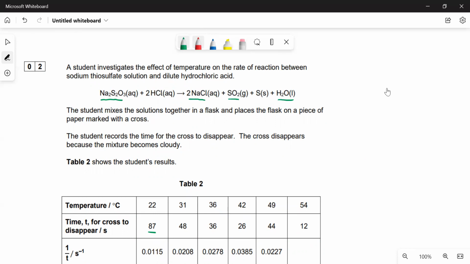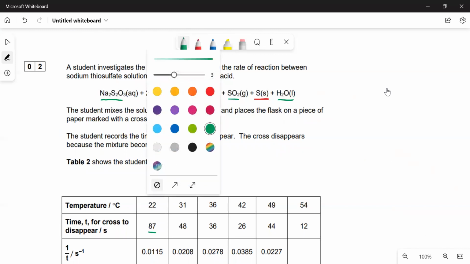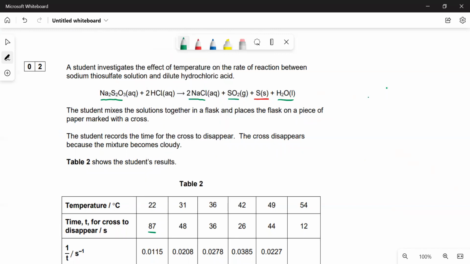It also produces solid sulfur. That will make the solution appear cloudy, and you measure how long the reaction takes. You put the flask on a cross, and you look down on it, and you measure how long it takes until it becomes so cloudy that you can't see the cross. That's what they're doing in this experiment, and here are the results of that experiment.